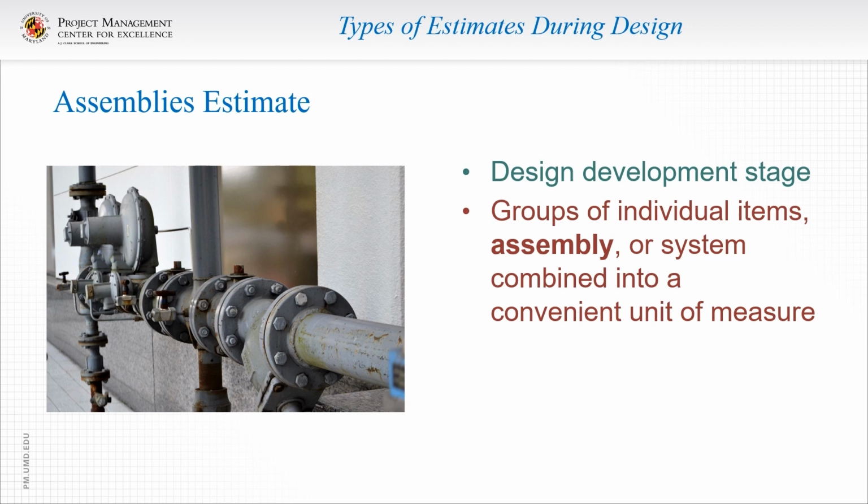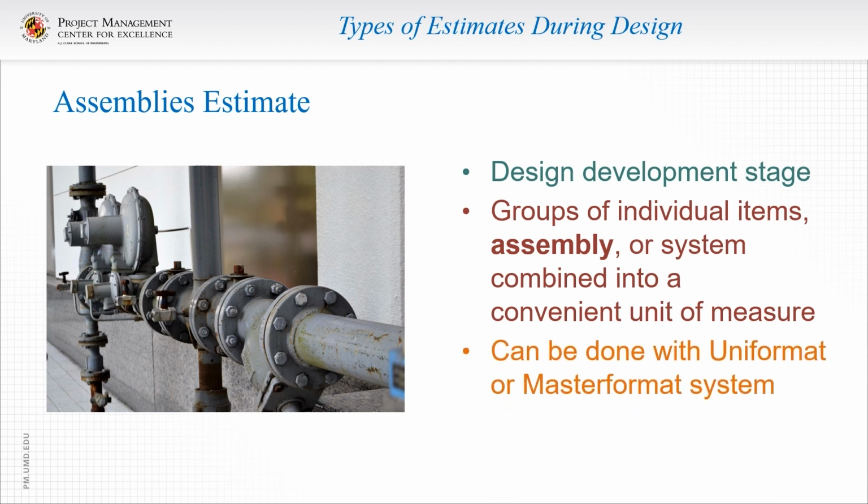Since the units are smaller, the estimate becomes more flexible, but also requires more designer input and takes longer, and costs more money to prepare. However, its accuracy is much better, closer to the 10% range. Usually, the assemblies estimate is done with the Uniformat methodology of substructure, shell, interiors, services, equipment and furnishings, special construction, and building site work.